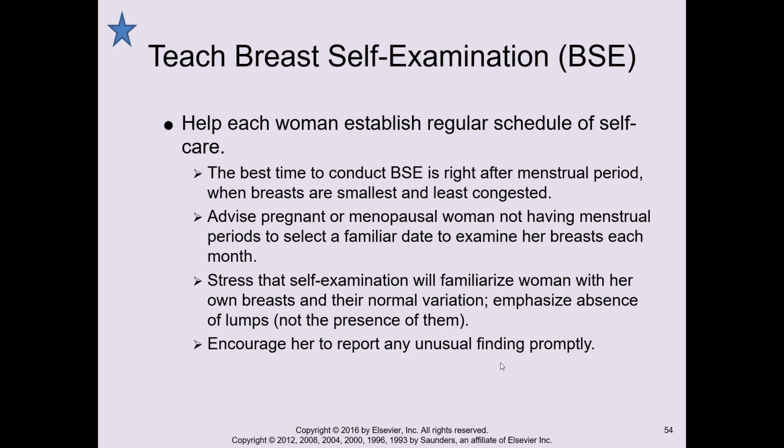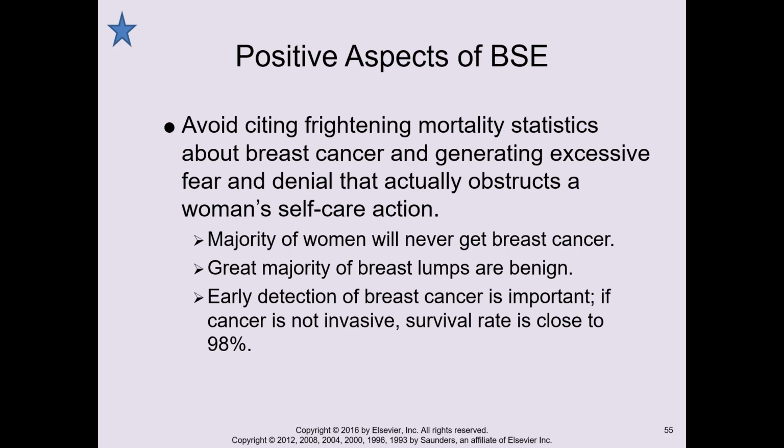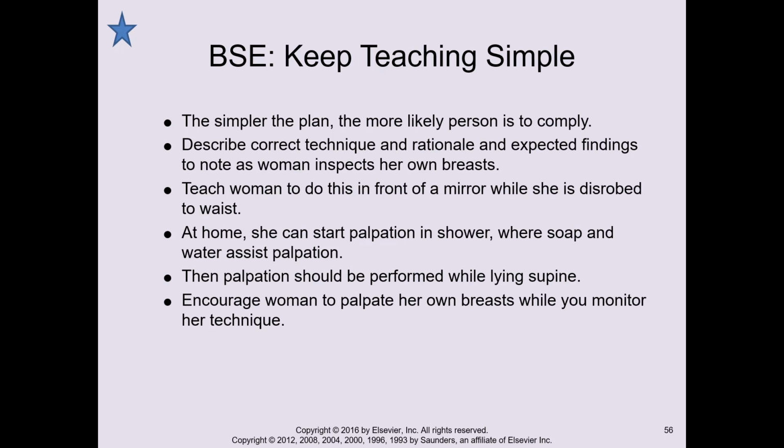Most of the breast lumps that are found, women are finding them themselves, and you want to report any of those unusual findings immediately. Early detection of breast cancer is really important. Survival rate is close to 98% if we find it in time before it progresses to a regional issue.